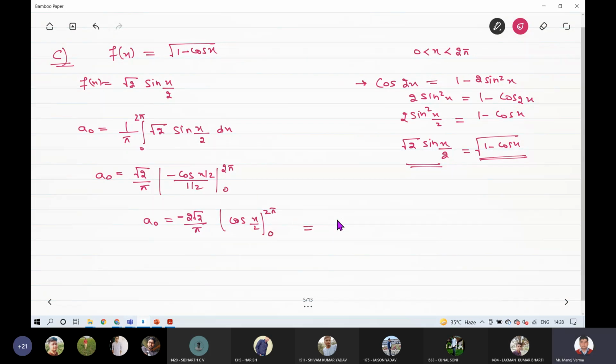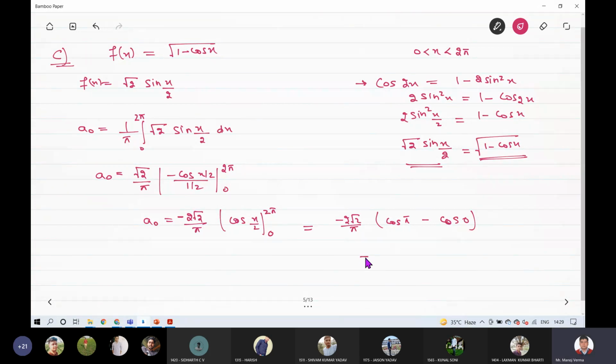So it will become minus 2 root 2 over pi, cos pi minus cos 0. Cos pi is minus 1, cos 0 is 1.